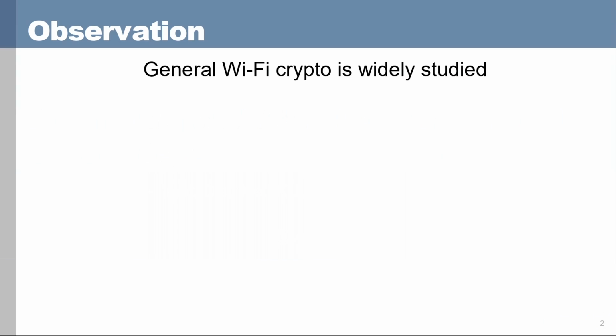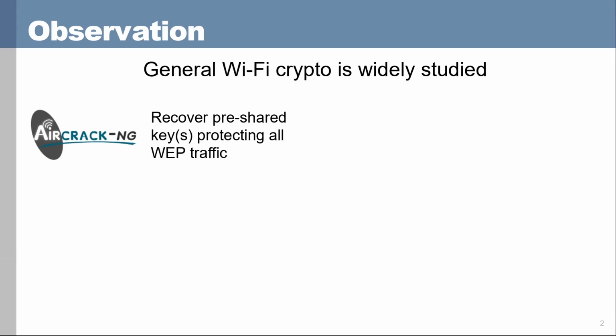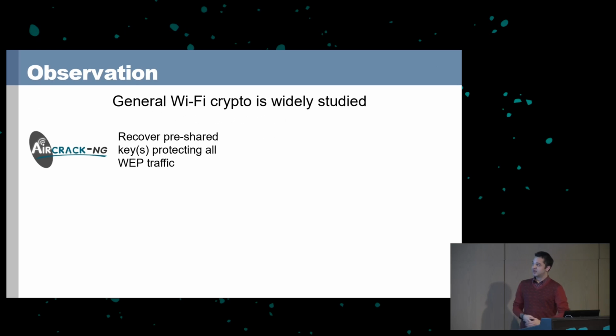For example, we know that the very first security algorithm of Wi-Fi, Wired Equivalent Privacy, in other words WEP, was horribly flawed. You probably all know that you can crack a WEP network within mere minutes. In fact, if you download the latest tool suite of Aircrack-ng, and there is enough traffic on the network, you can obtain the pre-shared key of the network within only a few minutes, and sometimes, if you're lucky, even seconds.